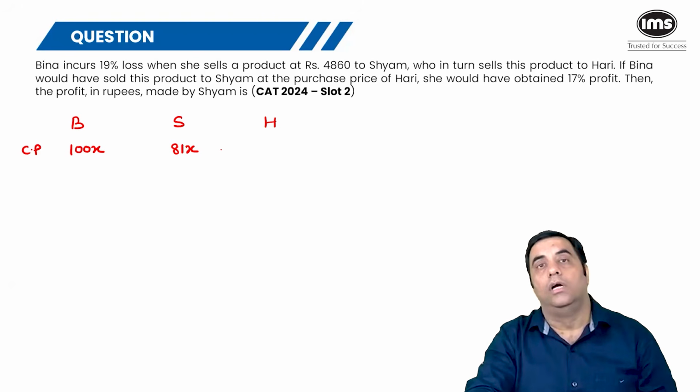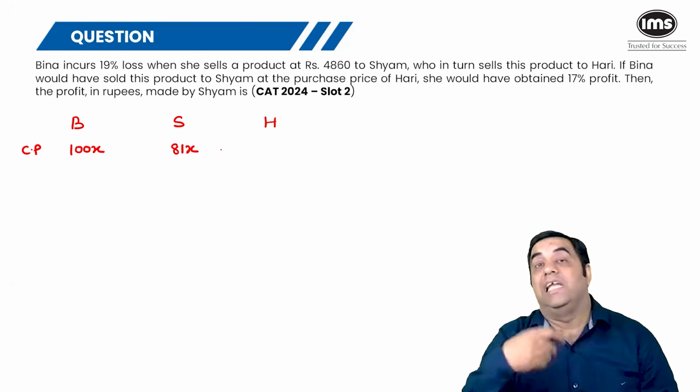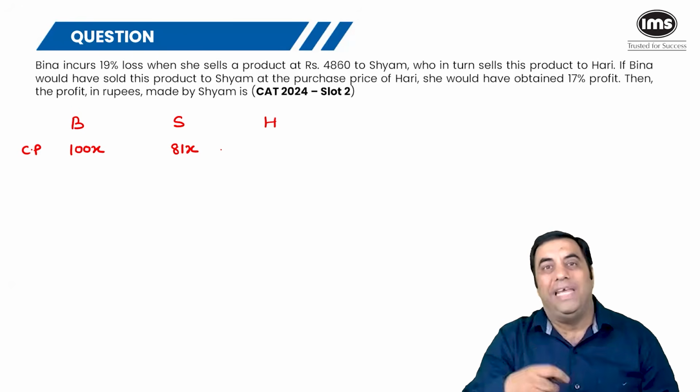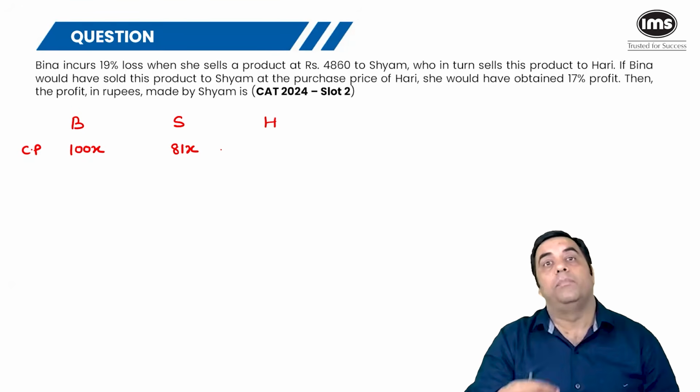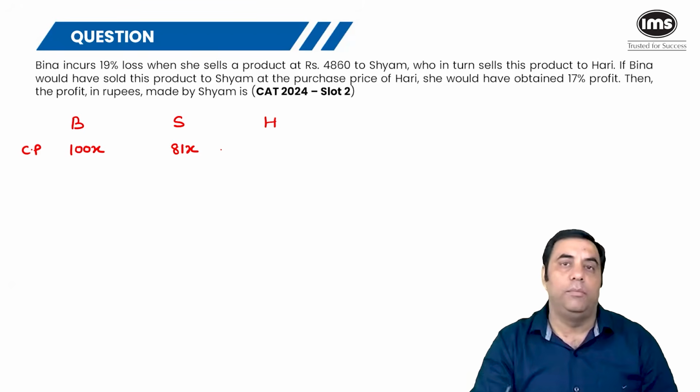Now, in order to incur a profit of 17%, Bina has to sell it for a price which is 17% more than its cost price. Then only she'll be able to earn that.